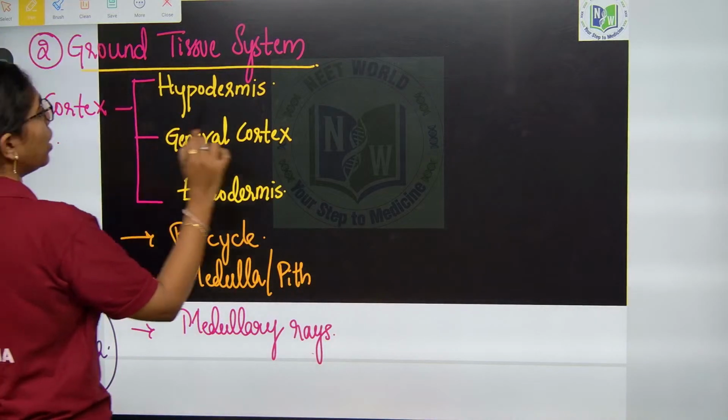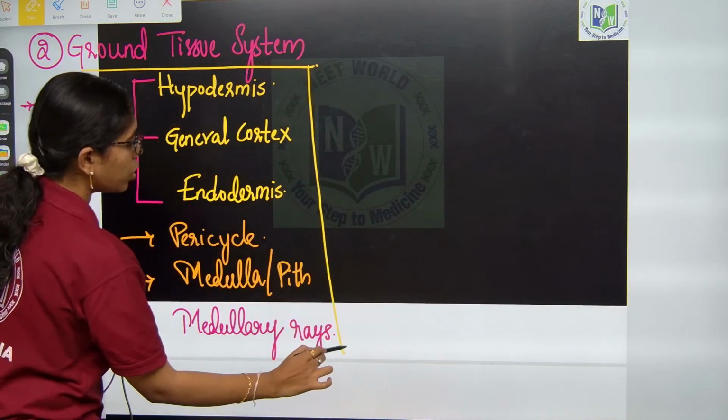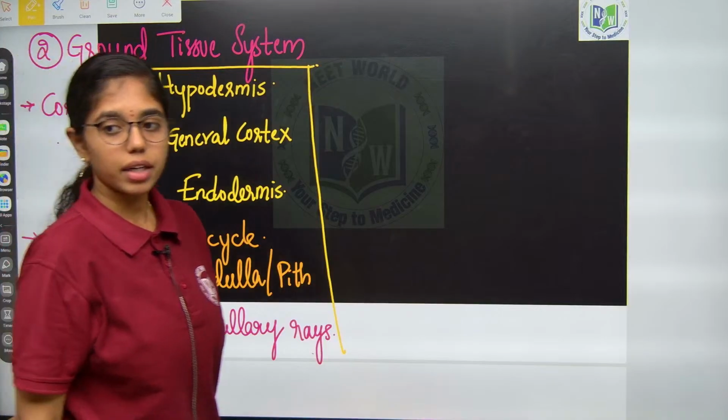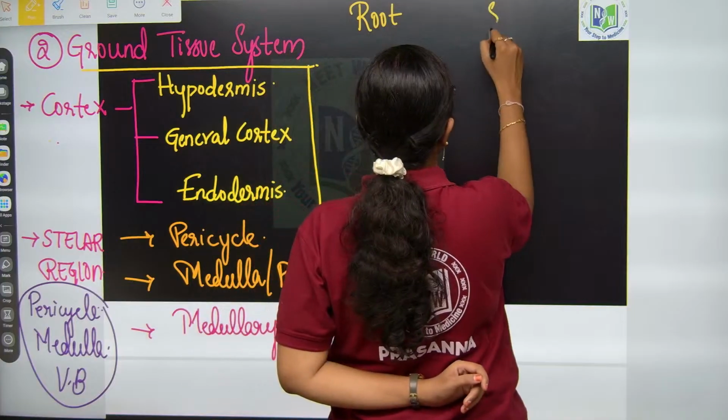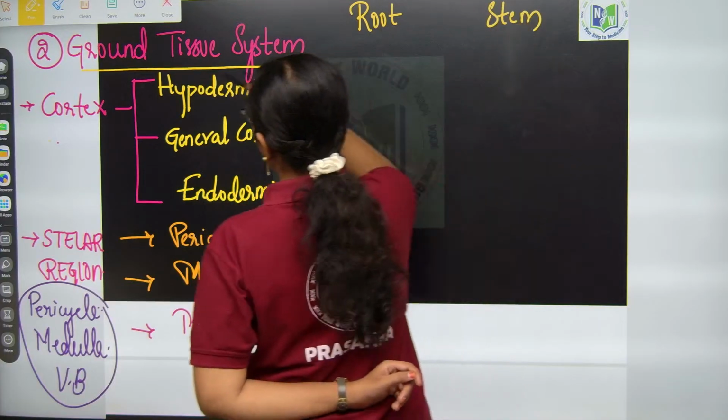Here you see, parallelly for the ground tissue system, we will be having a comparative analysis between root, stem and leaf.